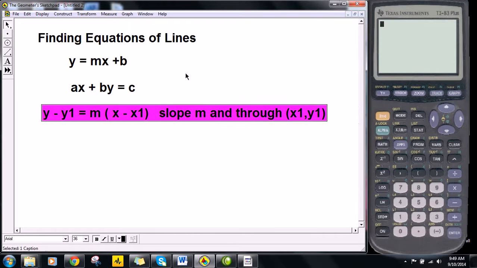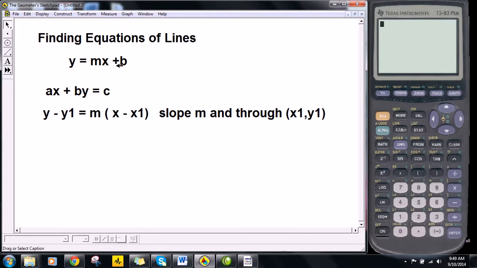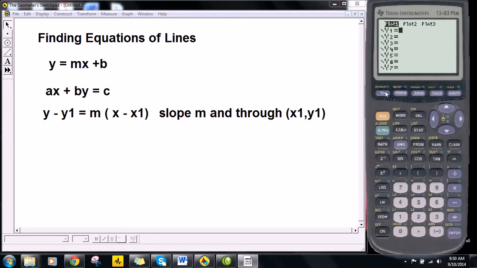Now, of course, what makes a line is that it grows or shrinks at a constant rate of change. We have constant slope, that's why it's straight. So if I graph, first of all, I'm going to turn my plots off. But if I graph a basic 3x plus 1, what you'll notice is that the slope will be 3 and the y-intercept will be 1, right?